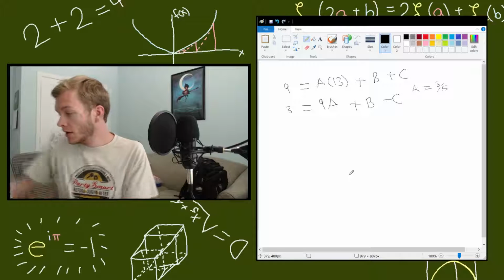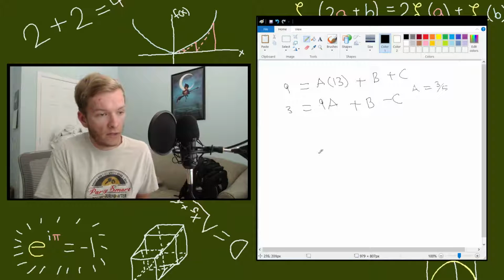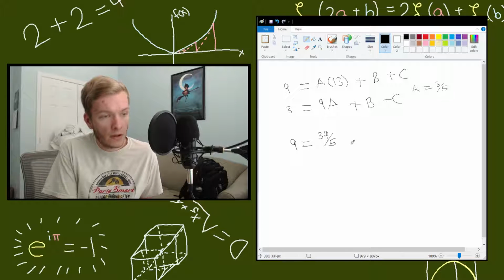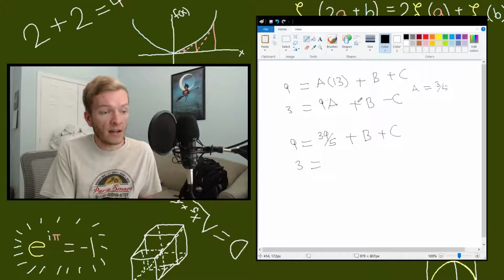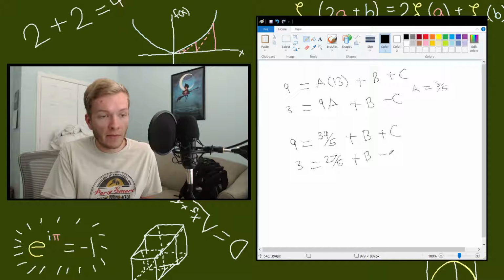Alright, so I'm going to plug 3/5 in here, so we should have 39 over 5, and so we're going to have 9 is equal to 39 over 5 plus b plus c, and then 3 is equal to our 9 times 3, so that's going to be 27 over 5 plus our b and minus our c.